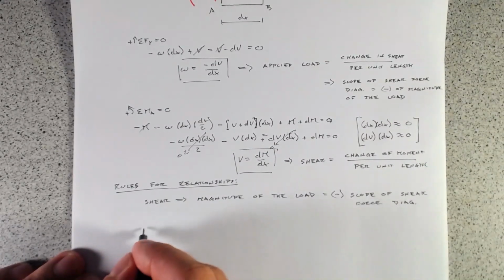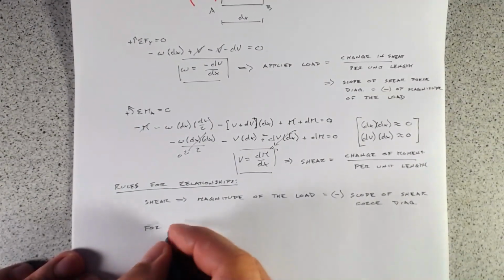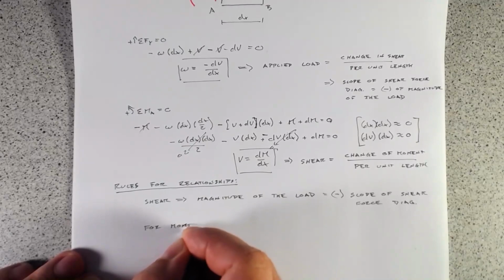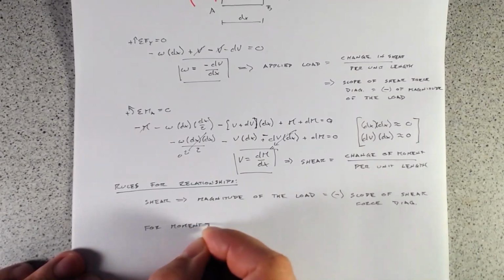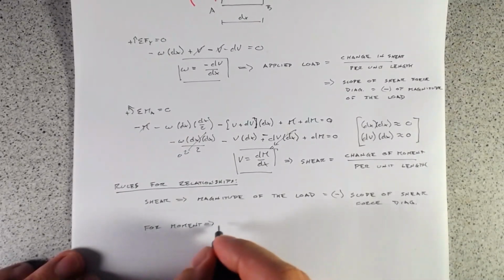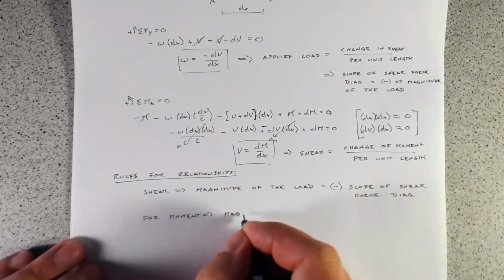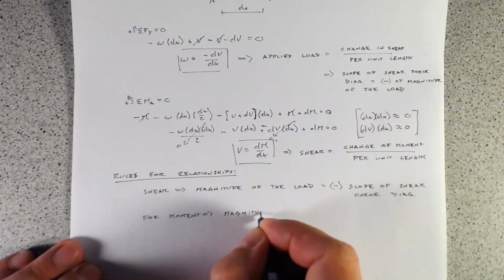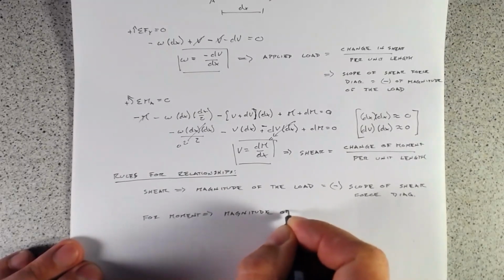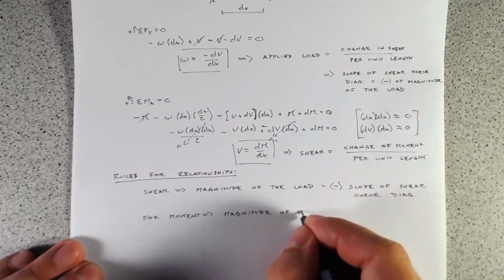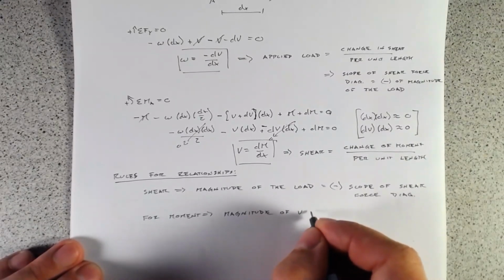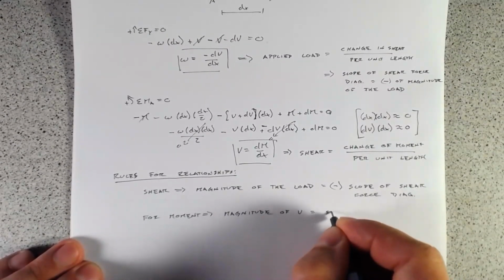And then for moment, the magnitude of the shear is the slope of the bending moment diagram.